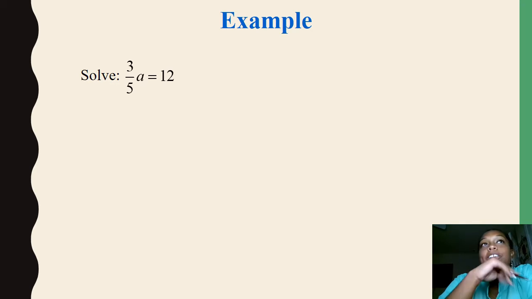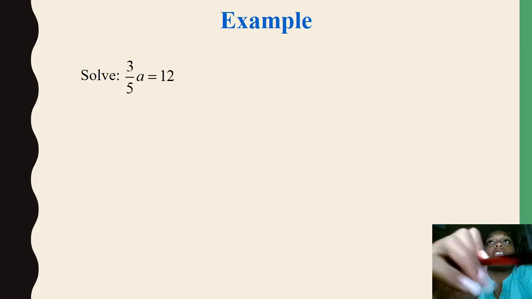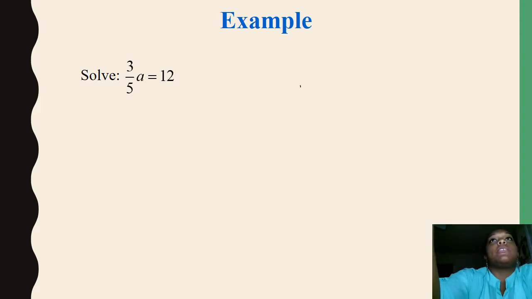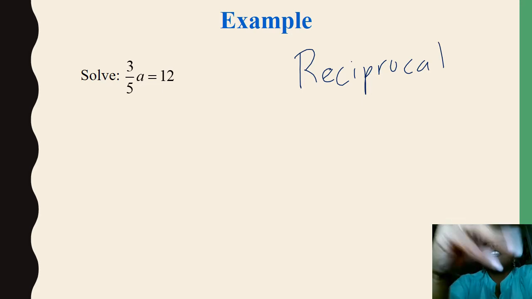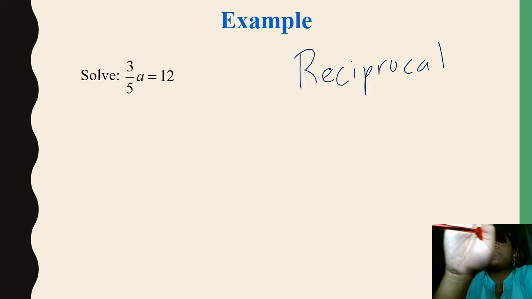So our next problem we're going to go to is working with fractions. And the key topic for this moment is going to be the word reciprocal. Now I'm going to try to write it as nice as possible. Reciprocal. Okay, and a reciprocal is basically you're taking a fraction and you're flipping it. And what that does is that a reciprocal times its original fraction is going to equal 1.